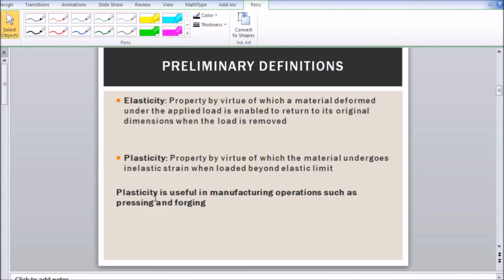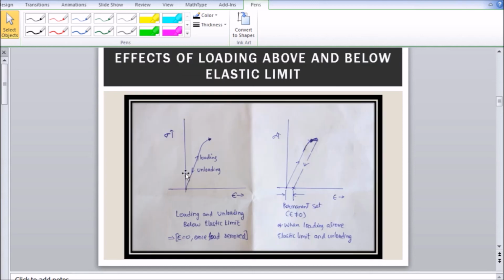Further, what I was telling, within the elastic zone, say if this is the elastic limit, before this only, if you load and unload, even if you load and unload n number of times, every time you unload, the material will get back to its original shape.